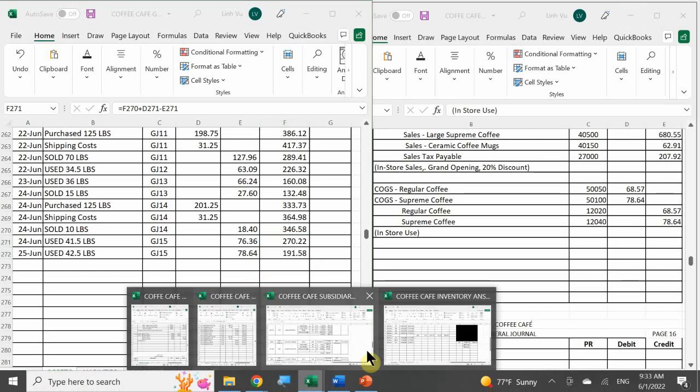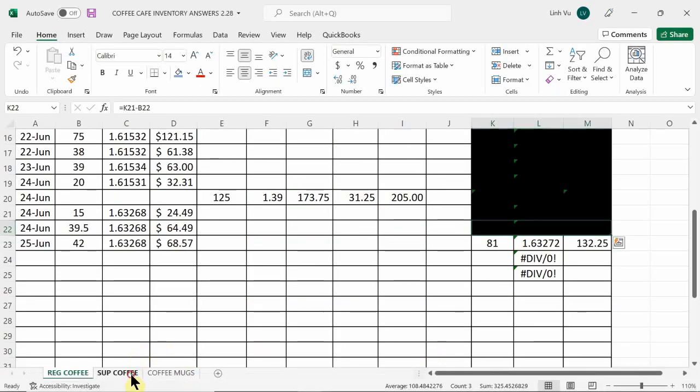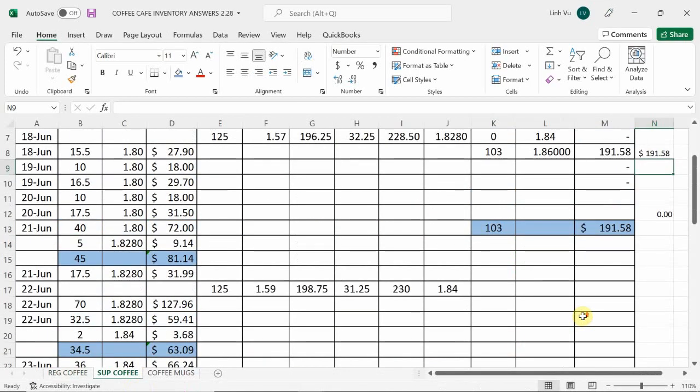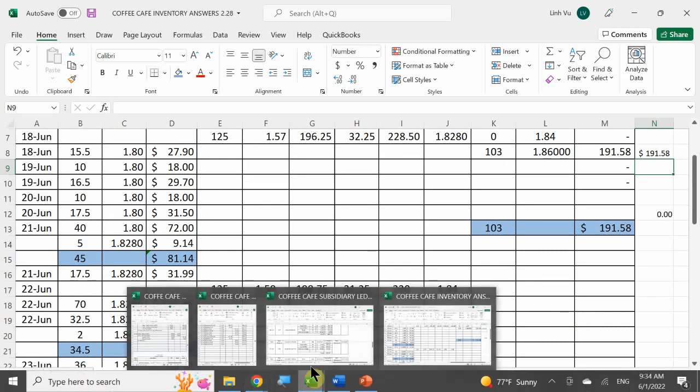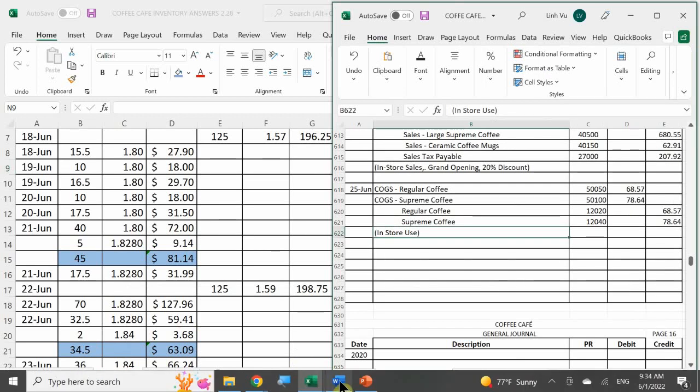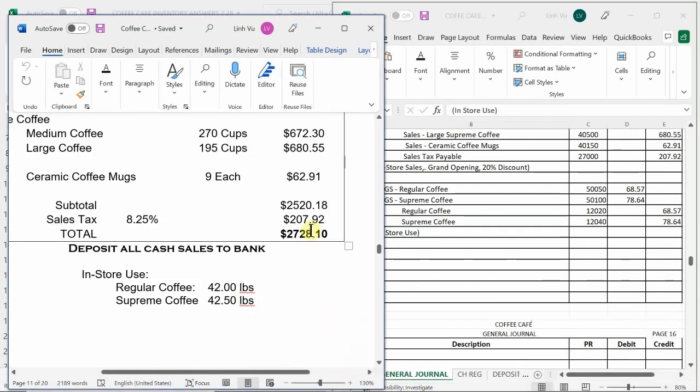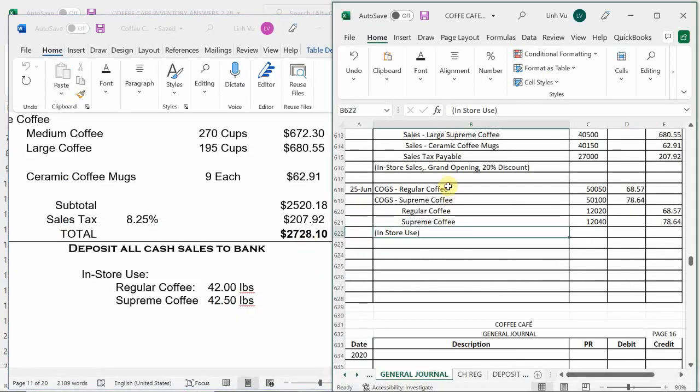And does that match my inventory balance? Yes, it does. $191.58. All right, so then we are now complete with this transaction.